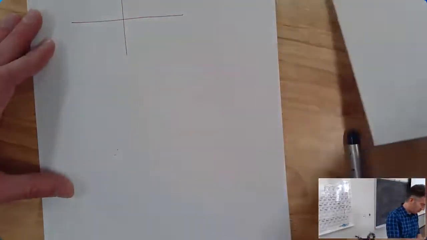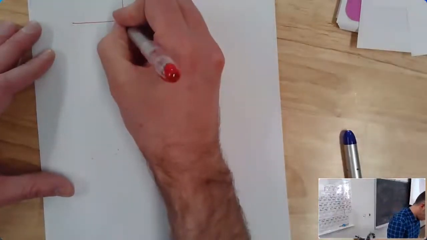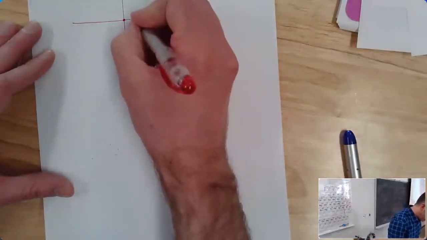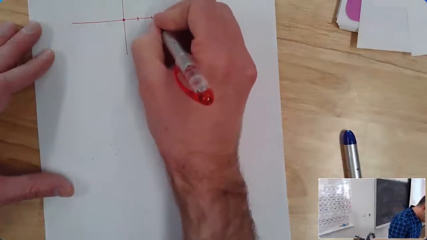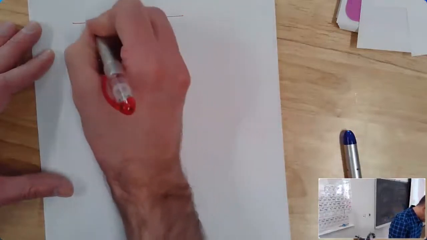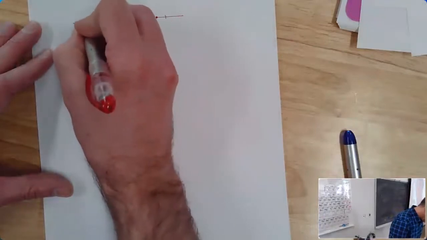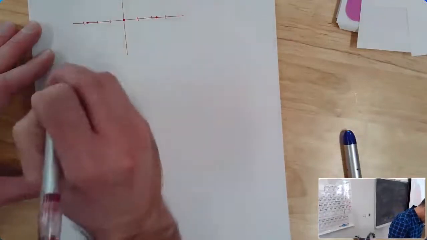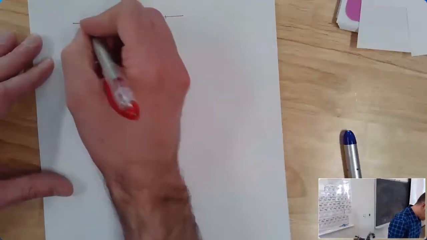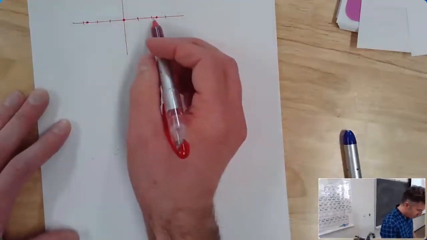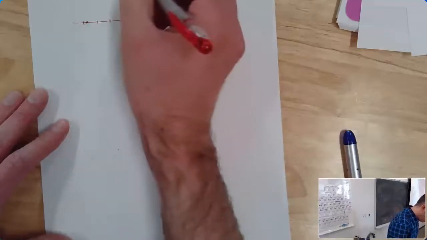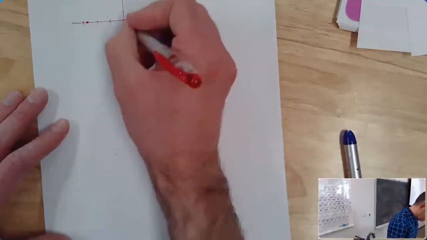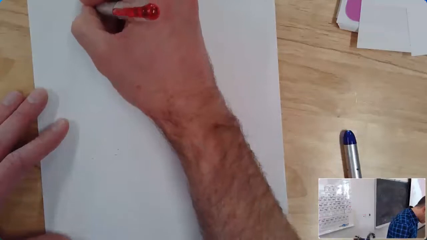Our function, we know, has a y-intercept of 0. We've got x-intercepts at the square root of 6 and 0 and the negative square root of 6. Kind of plotted those a little bit off. And then we know we have a relative maximum at (2, 8) and at (-2, 8), and a relative minimum here. It's going to look something like this.